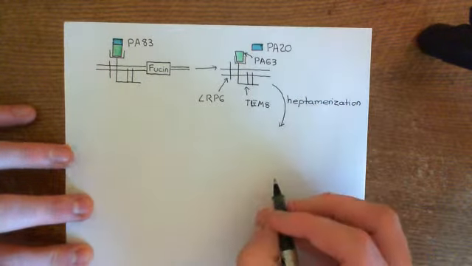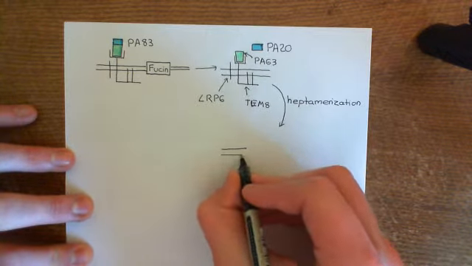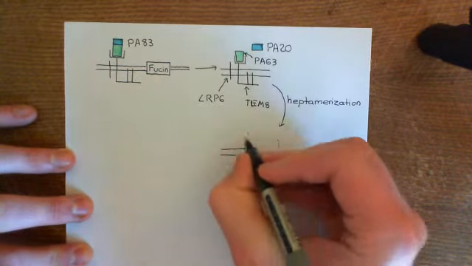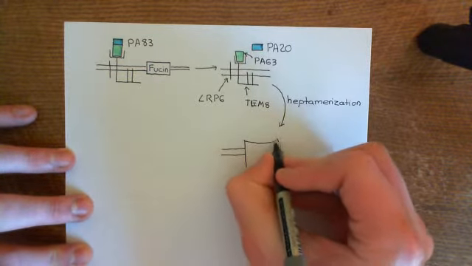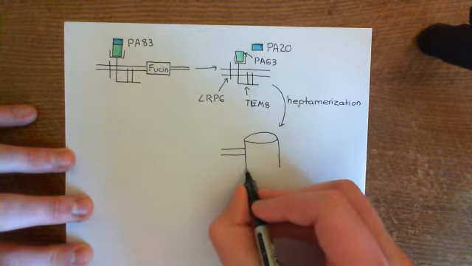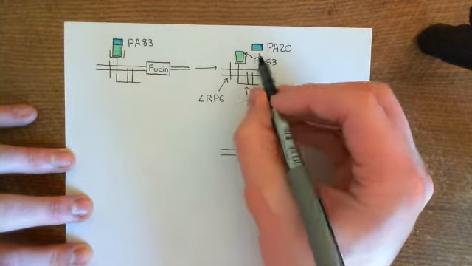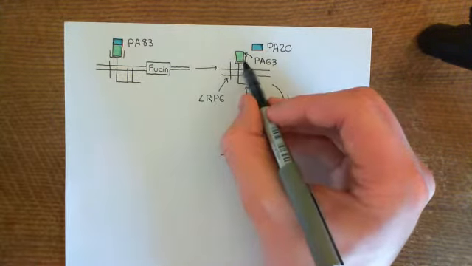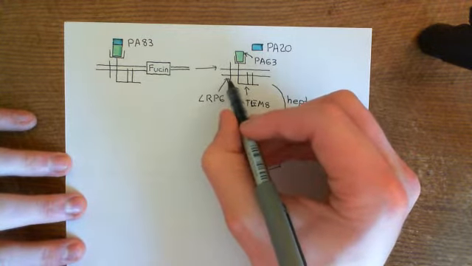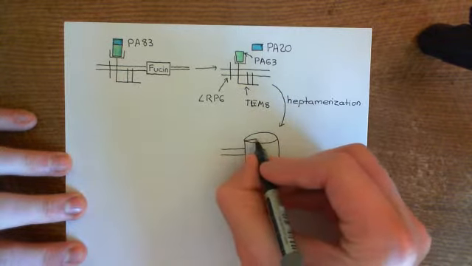Okay, so how's the best way to show this? In fact, I'm going to show it just as a great big complex, and then I'll talk you through it. So, what's going to start happening is you're going to take 7 of these complexes where you have PA63 with tumour endothelial marker 8 and LDL receptor related protein 6, and you're going to join 7 of them together.